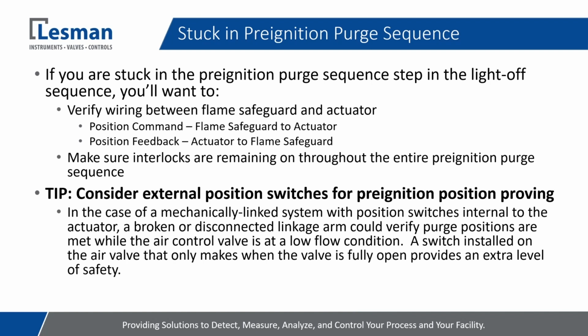Internally, that actuator is still moving and it makes that switch, but externally, with the linkage disconnected, you're not actually at that purge position. So, like I said, you may want to consider that. It provides a little bit of an additional safety factor for that particular part of the light off sequence.